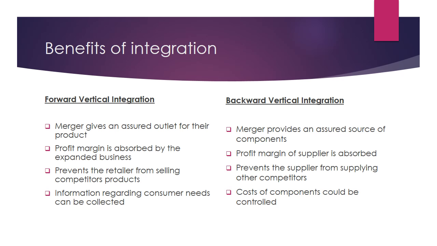You could also prevent the retailer from selling your competitor's product. This is true if a chocolate manufacturer like Nestle takes over a shop, they could prevent other companies' chocolate from being sold.